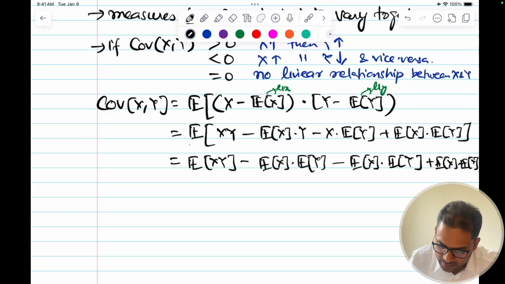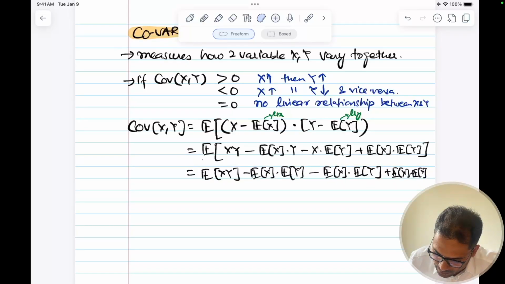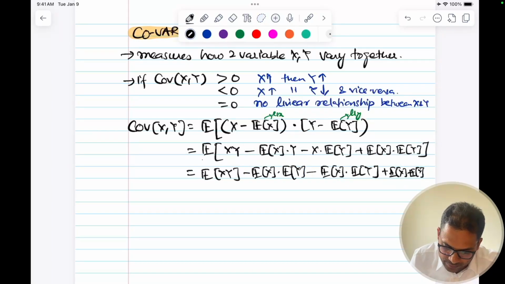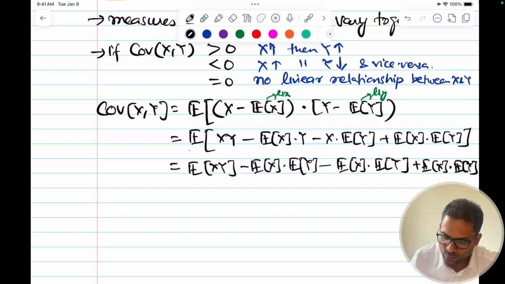Let me bring it to this side, very squeezed up. Expectation of x into expectation of y.